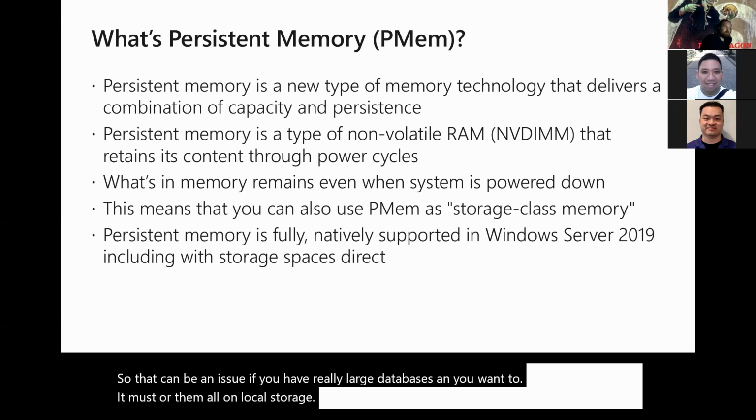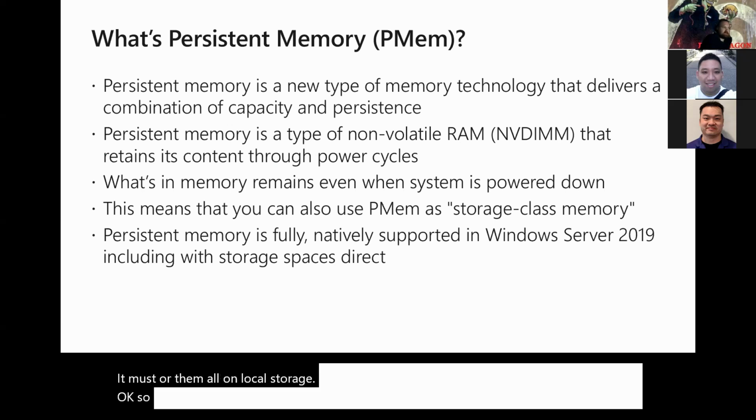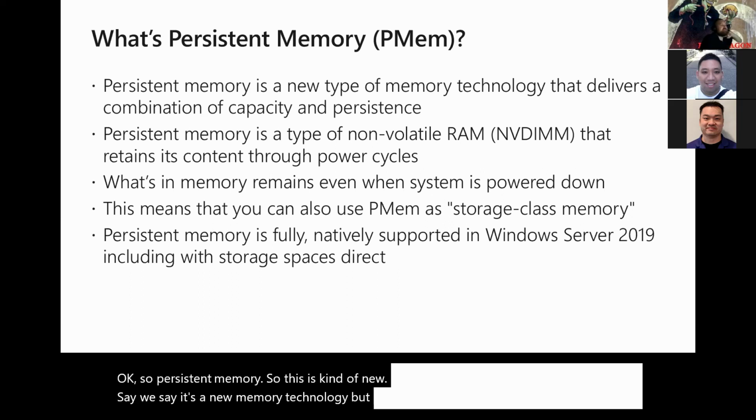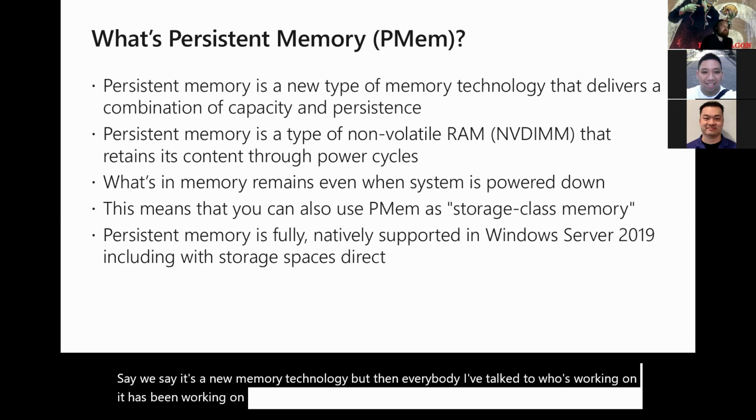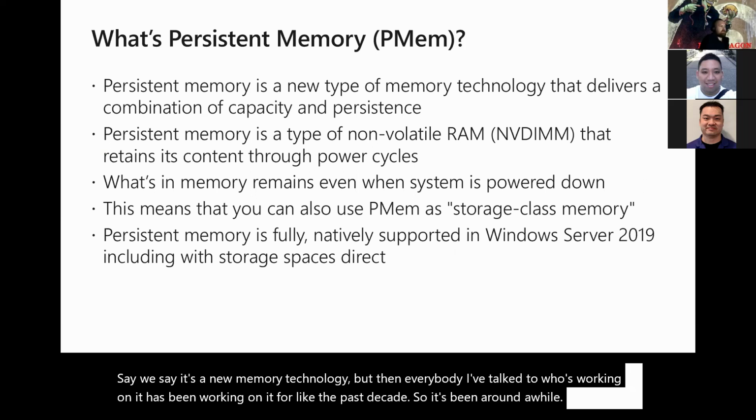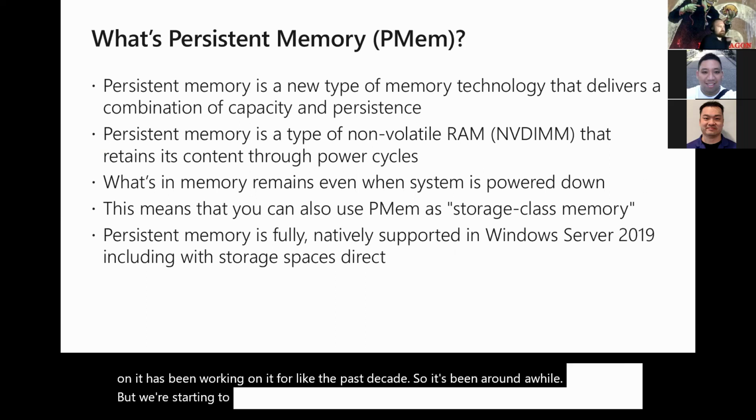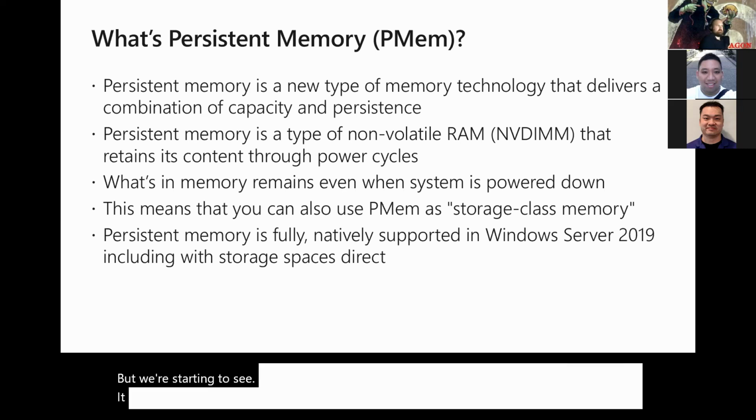Okay, so persistent memory. This is kind of new. We say it's a new memory technology, but everybody I talked to who's working on it has been working on it for like the past decade. So it's been around a while, but we're starting to see it enter that adoption cycle.